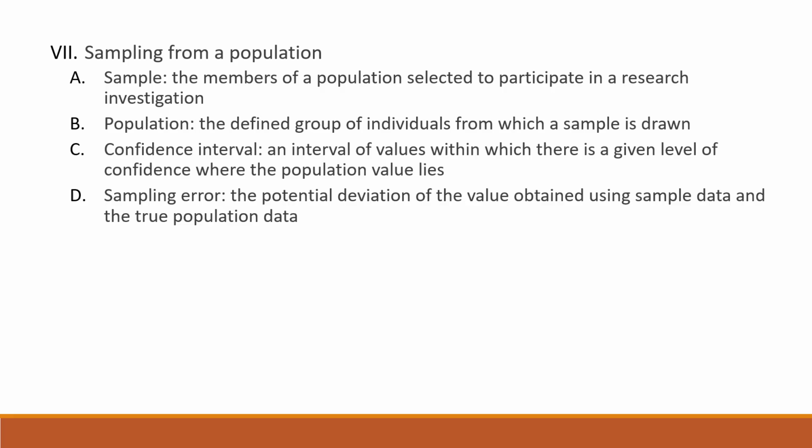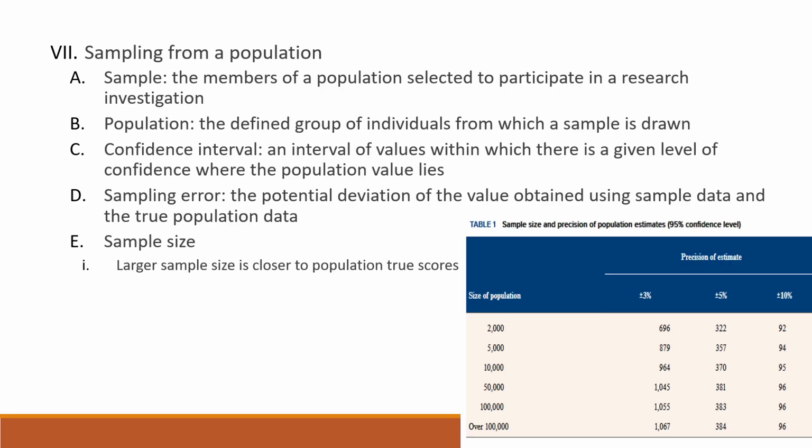We also look at sampling error, which is the potential deviation of the value obtained using sample data and the true population data. So this is trying to get an estimate of how different our sample results are from the population. And we can't always measure this because we don't always have the population numbers.